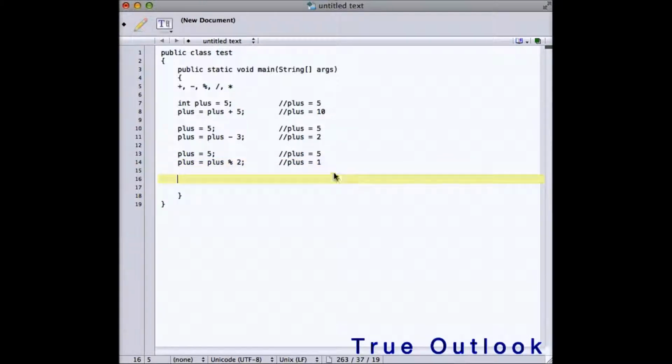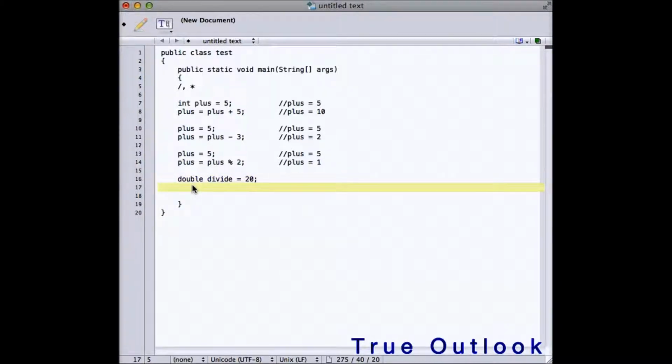Alright, now that we've done those 3, we'll go on to the division. This part's a little bit tricky for your variables, because if you have, say, we'll start with a double first. You have double divide is equal to, say, 20. So you could easily go divide is equal to divide divided by 2.